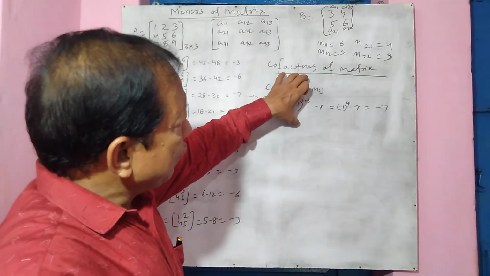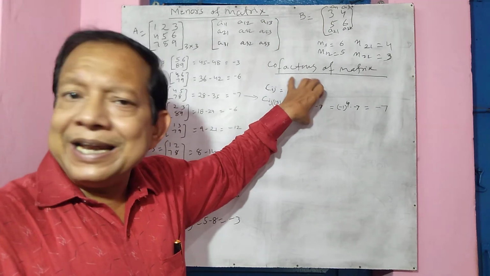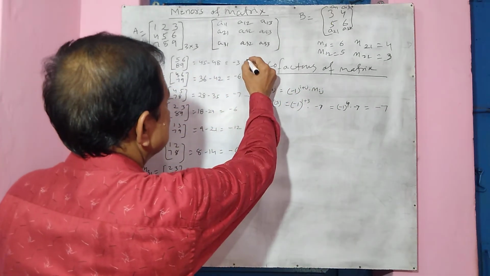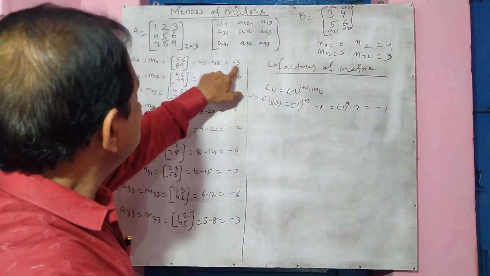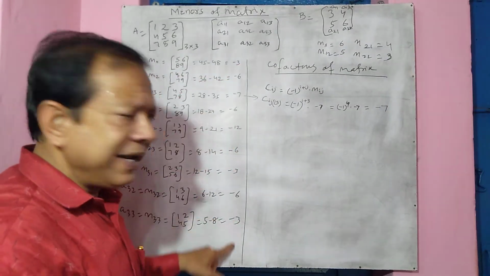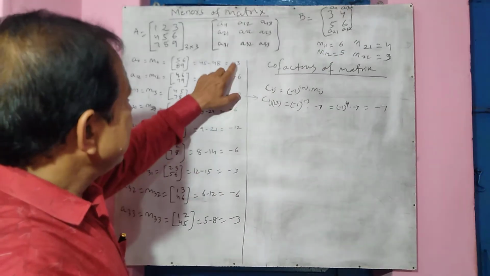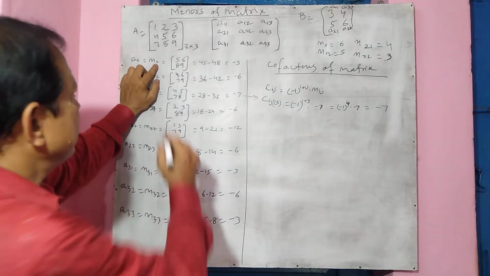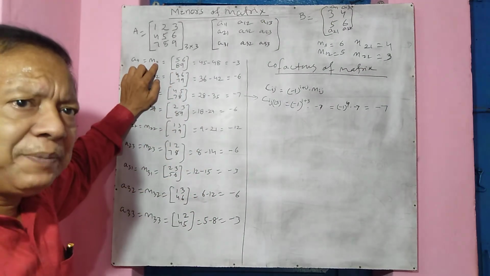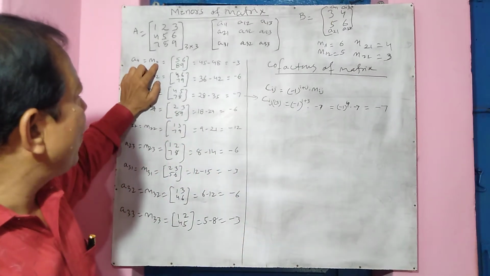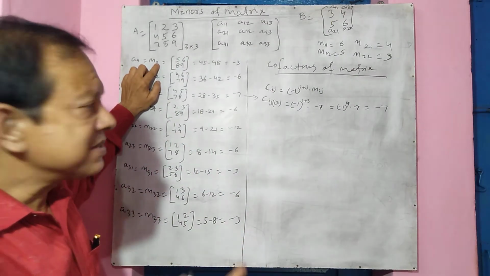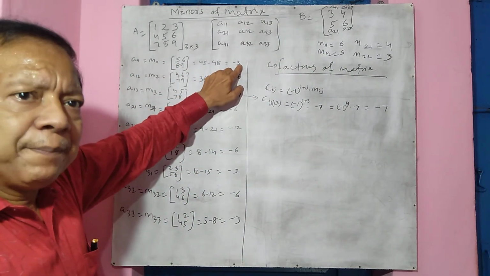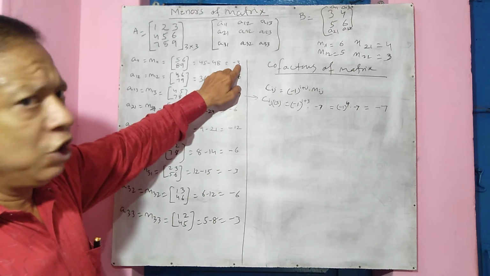If you don't understand this, I can explain it in a very simple way. You see, these are the minors of different elements. Now here you see what the minor's position is. M11. 11 means first row, first column. So 1 plus 1 is 2, which means you have to multiply by positive, not negative.